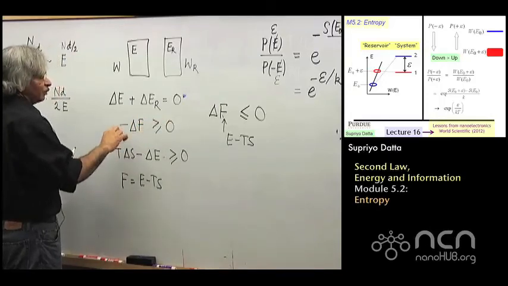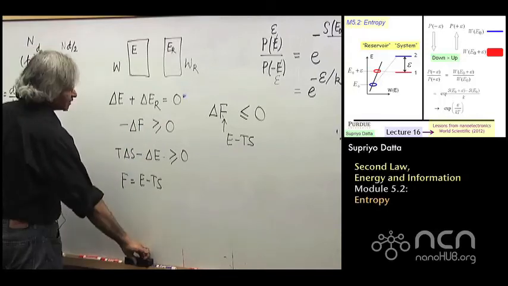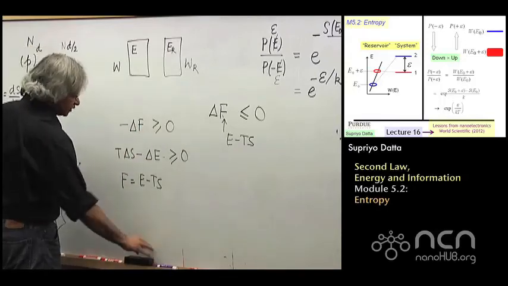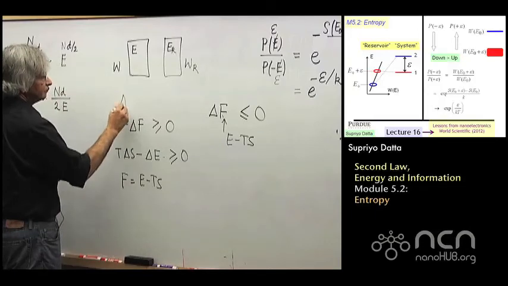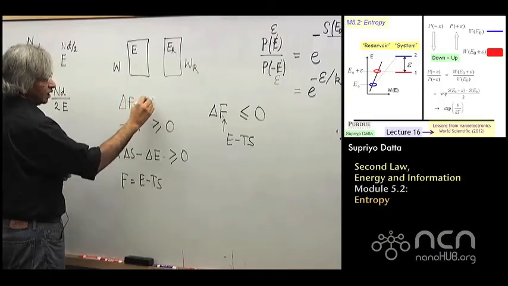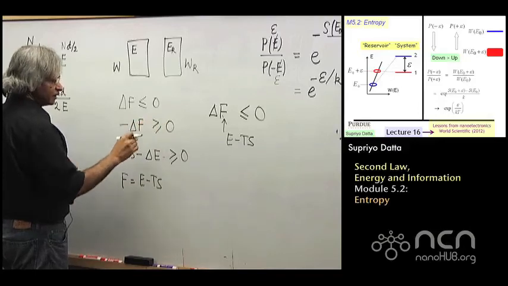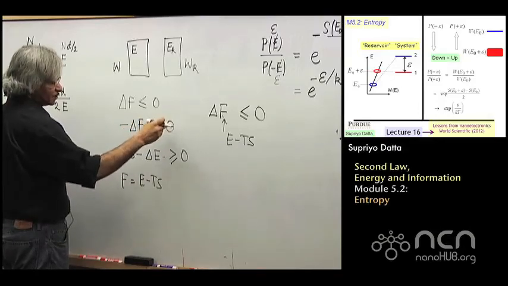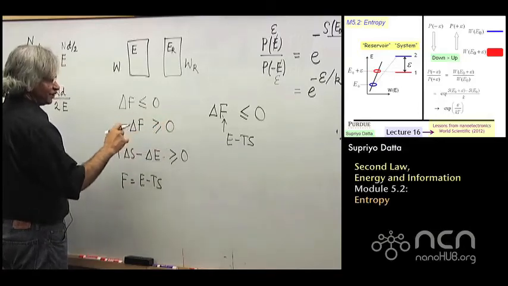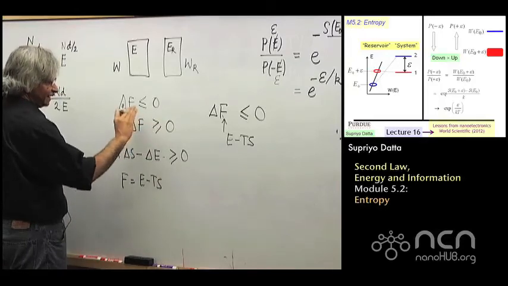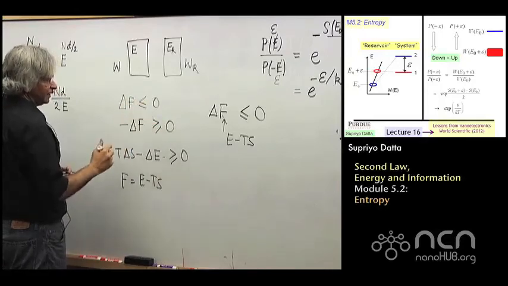And what that means is delta F must be less than or equal to 0. That's because, if minus 4 is less than minus 3, then 4 is greater than 3. So when you use this sign, it reverses the inequality.